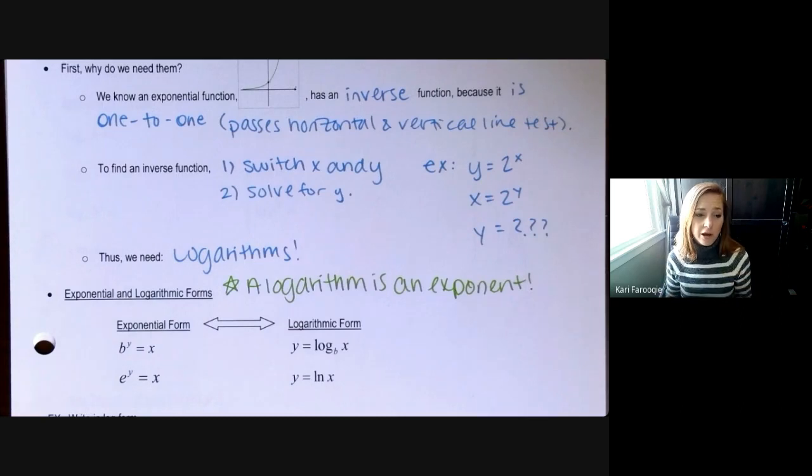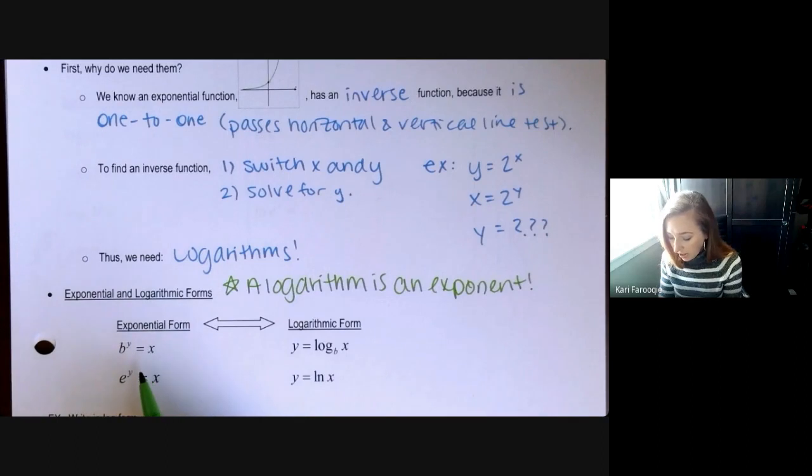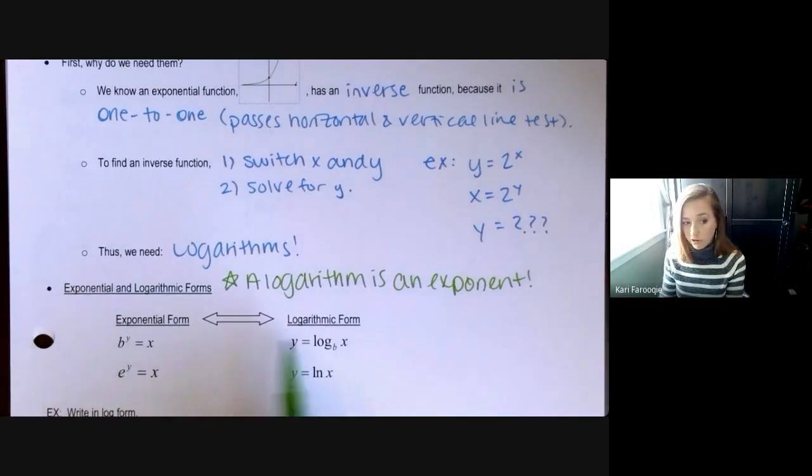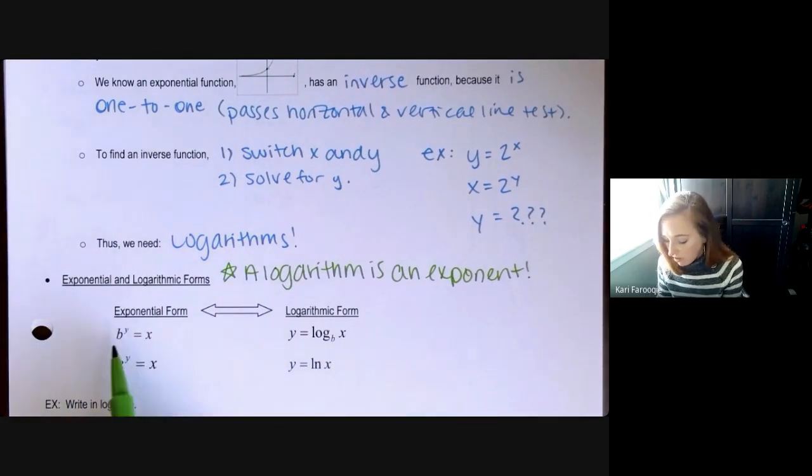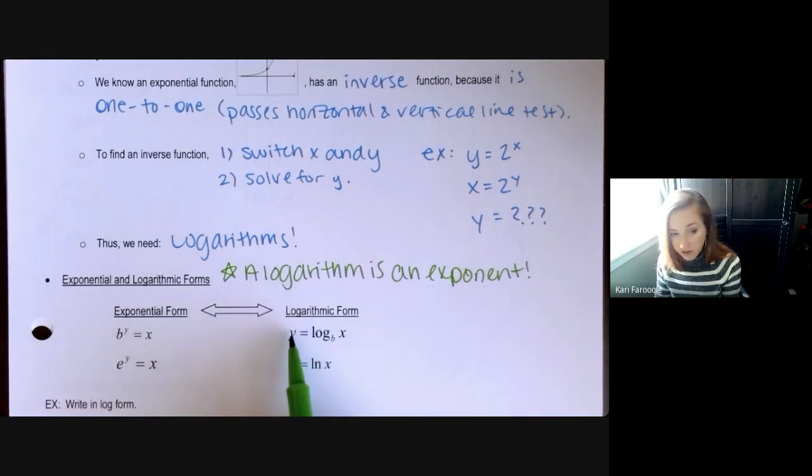So let's talk about how we're going to move between exponential and logarithmic form, and talk about how we might find these exponents. Okay, so exponential form, b to the y equals x. Logarithmic form, I want you to notice the difference here. Now, this is, by the way, for a base other than e, because we talked about both of these exponential forms in the previous section. But if we had a base that wasn't e, taking the exponent, a logarithm is an exponent.